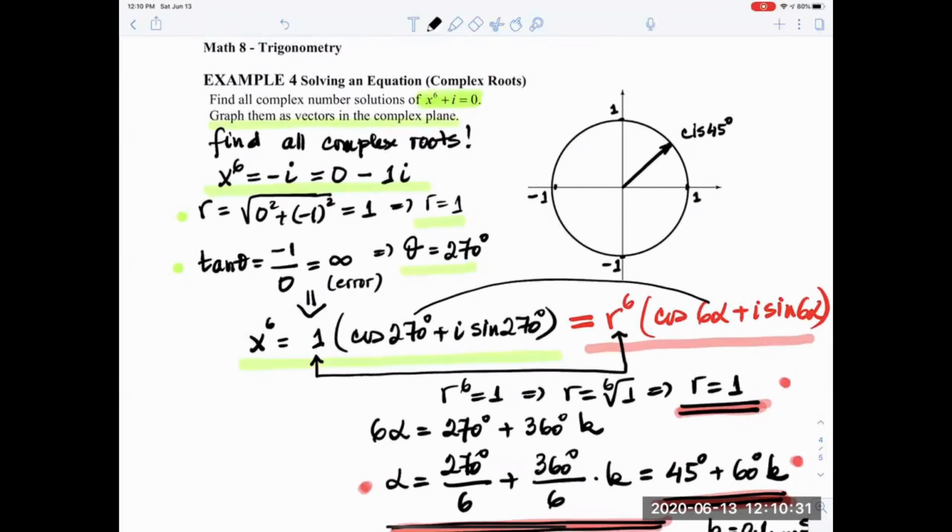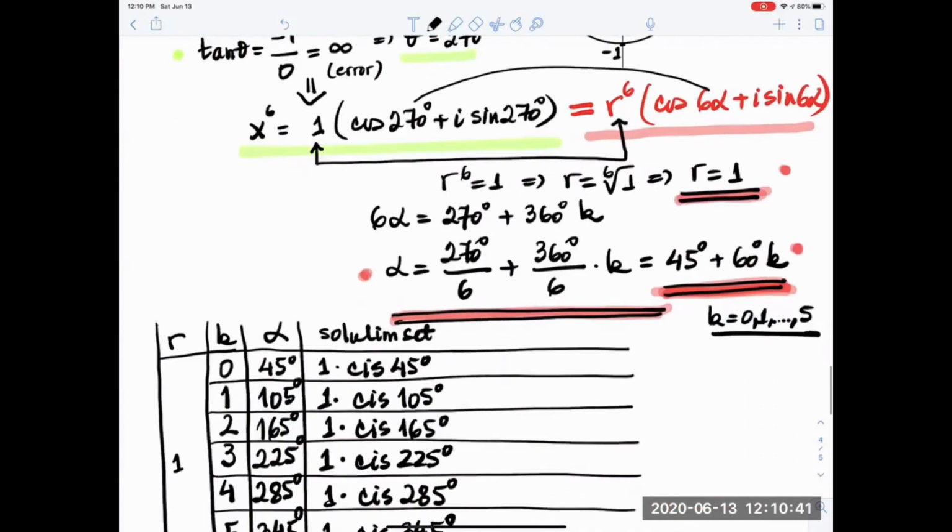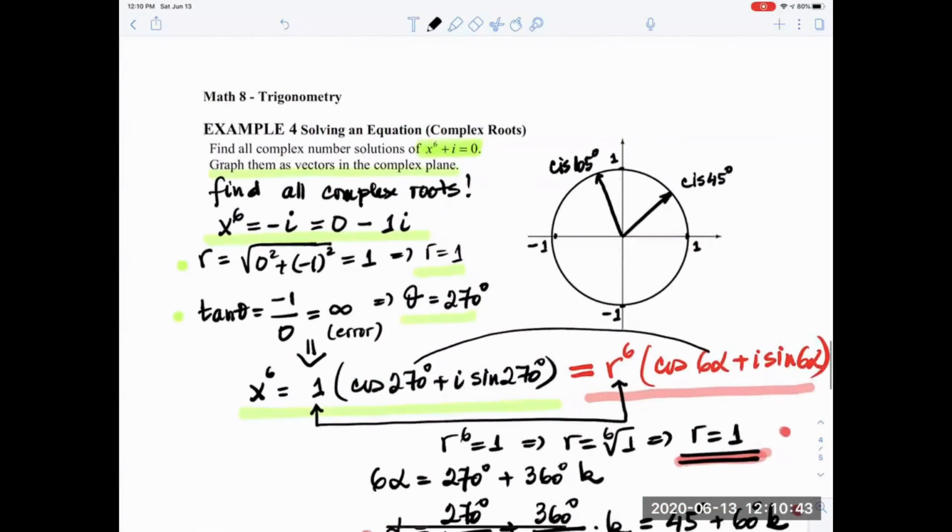Well, 105 must be close to a 90, so let's say it's somewhere there. So CIS 105. Next one, 165, in quadrant 2. So that would be closer to the 180. Okay, I guess leave it like that.